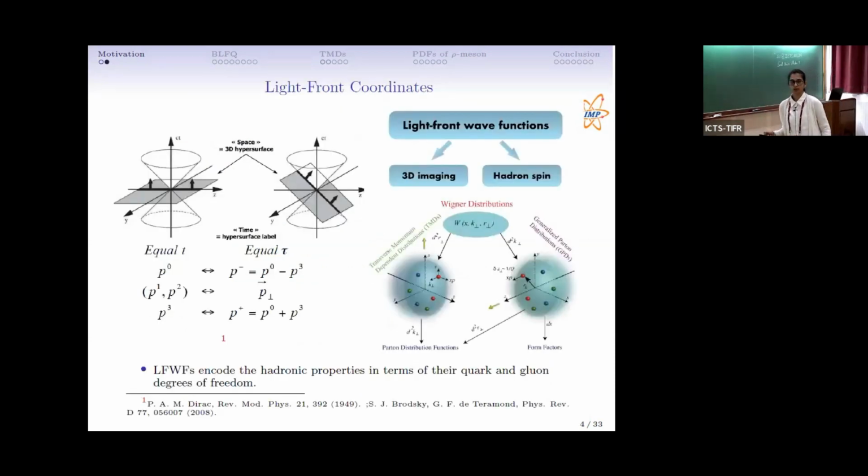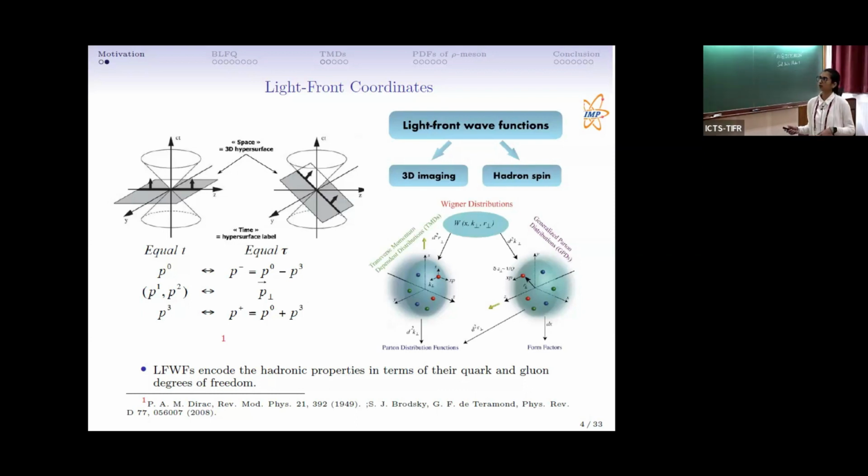So before going to the basis light front quantization approach, I will just introduce some light front coordinates that we use. So P minus is the light front Hamiltonian, P perp is the transverse momentum, and P plus is the longitudinal momentum. From the basis light front quantization, we will produce light front wave functions.